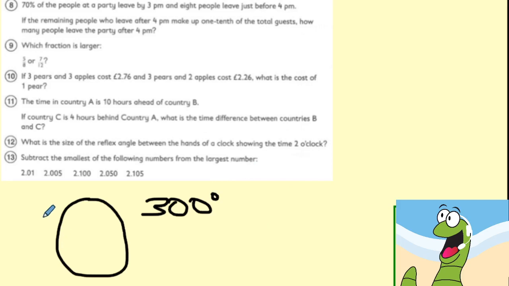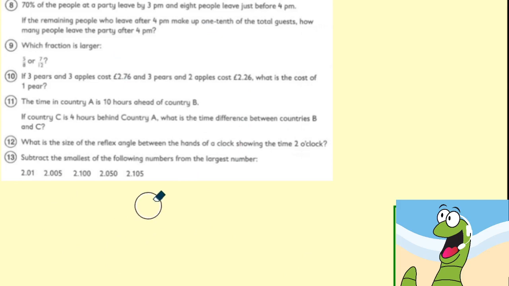And finally, subtract the smallest of the following numbers from the largest number. The smallest from the largest. So you need to, first of all, put these in order. That's a really important thing to do. We need to get these in the right order. So let's have a quick look at what we've got.